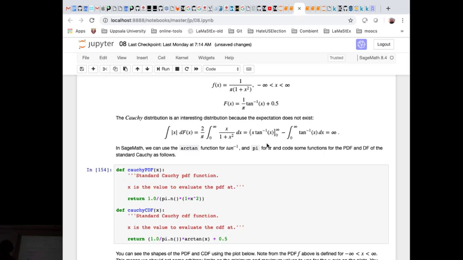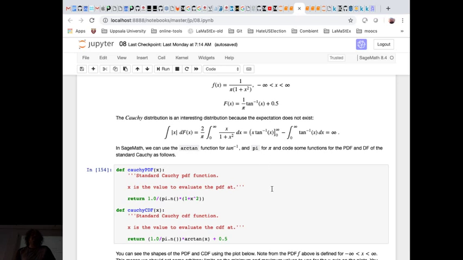Expectation for continuous random variables is just the integral. So what we mean by the expectation not existing is if I take the integral of the absolute value of x dF of x, and chase it down, I get infinity. So I need this, I can't have this, right? So it has to.